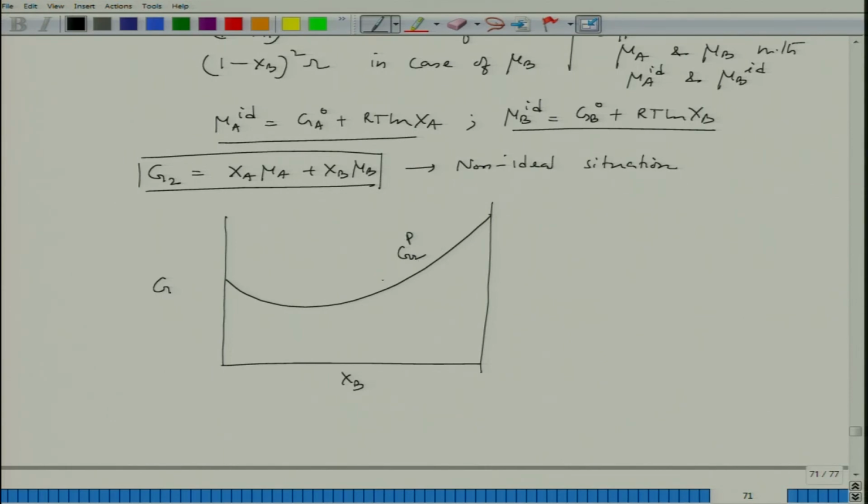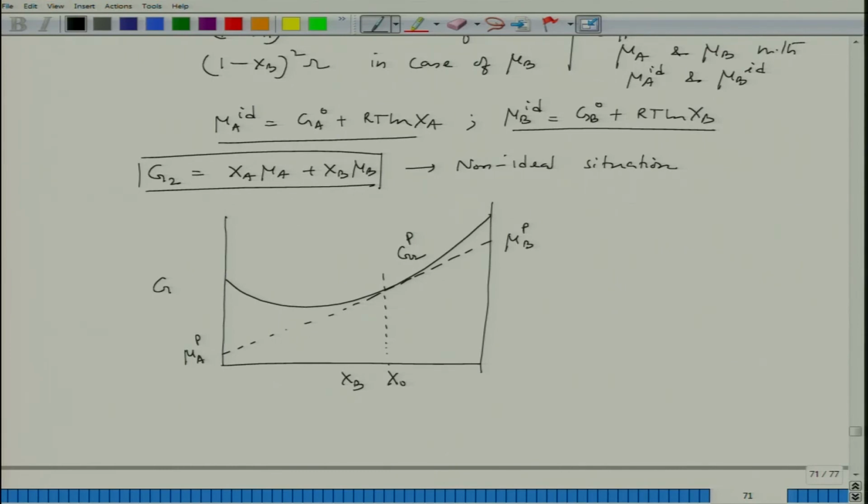So, then let us say if I try to find out at x_0 what would be my chemical potential in case of non-ideal situation, I just need to draw a tangent on that particular point over that free energy line, and this would be my mu_B and this would be my mu_A of that phase.